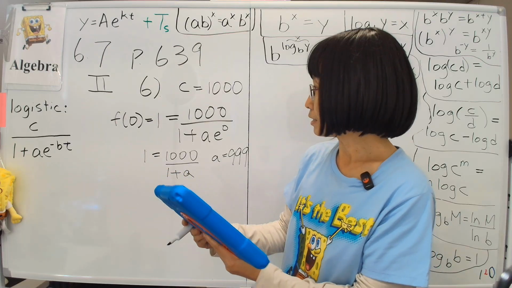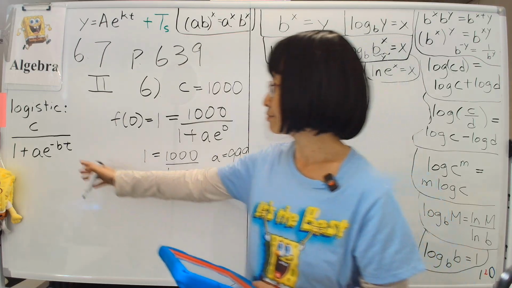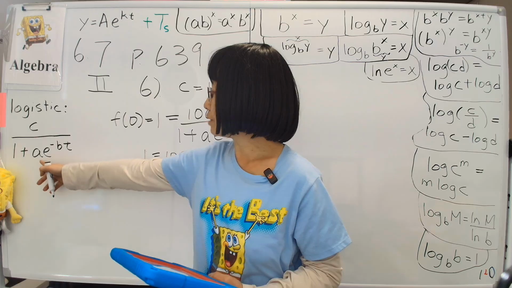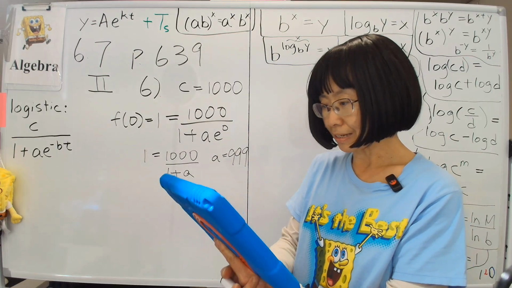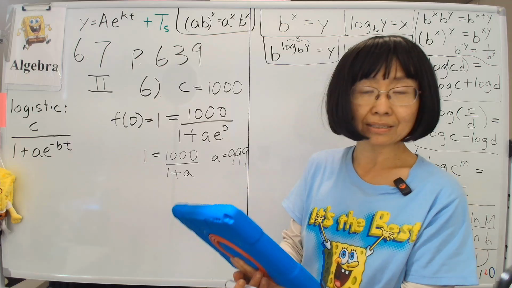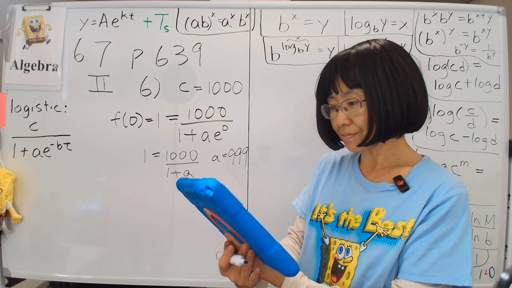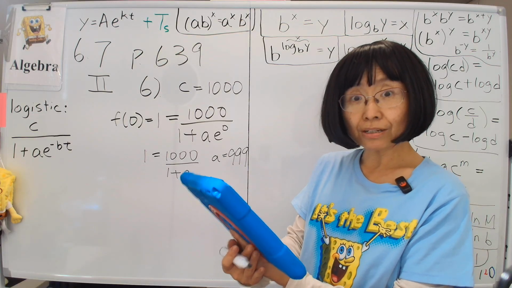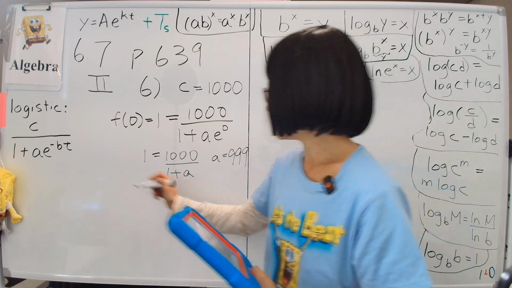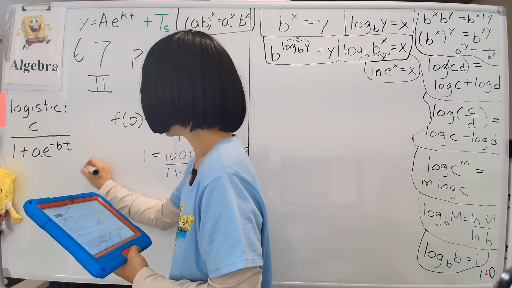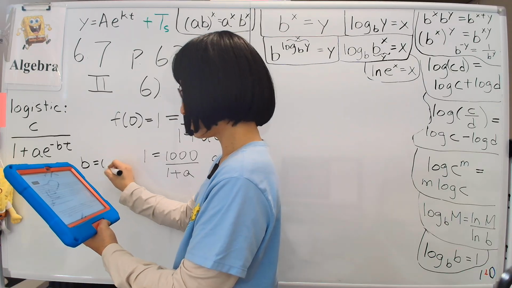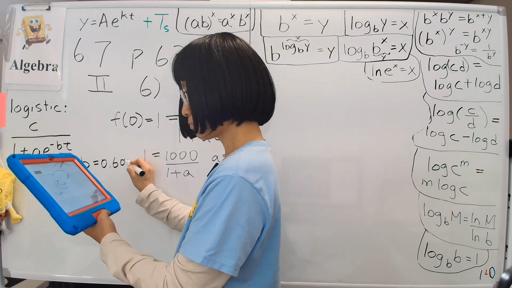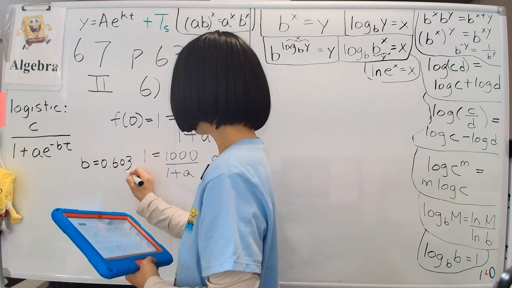So we know c, we know a, and we still need b for the formula. So let's keep reading. Well, b is given to us in this example. B is specifically referring to the growth of the flu, equal to a fixed number in this case. B equal to 0.6030.